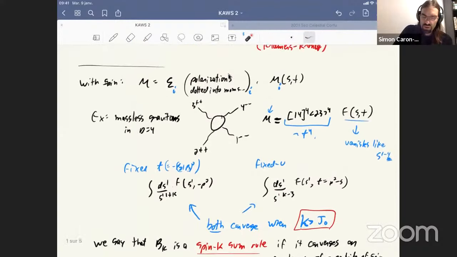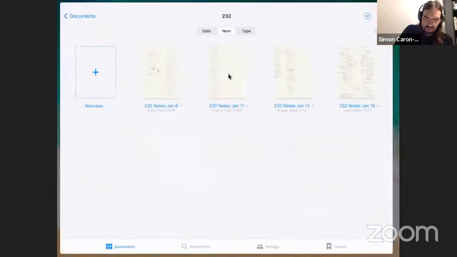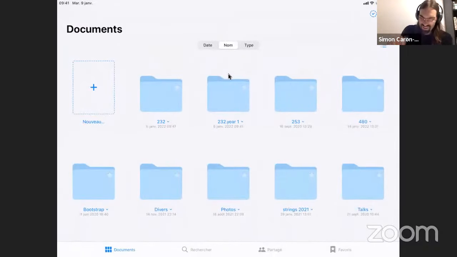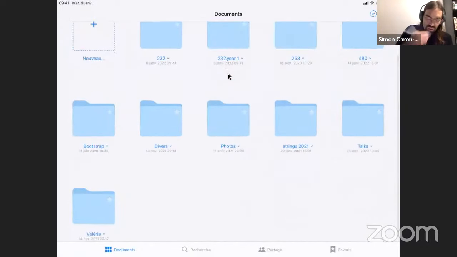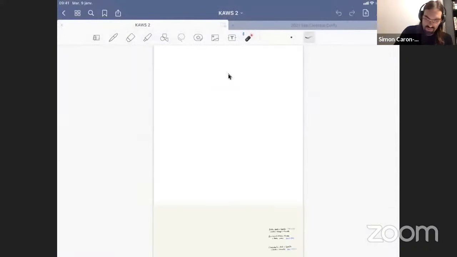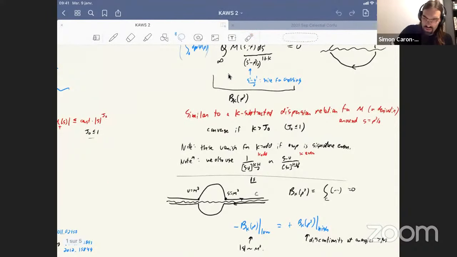In practice, when we do calculations, we always choose these crossing symmetric choices, which are either this factor with an offset, or more often in our work we use these s, t, u symmetric powers. But the convergence is determined by the largest behavior.